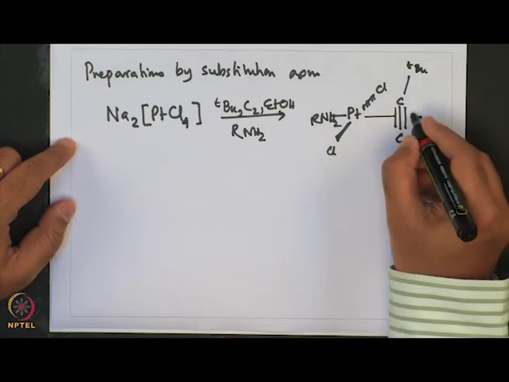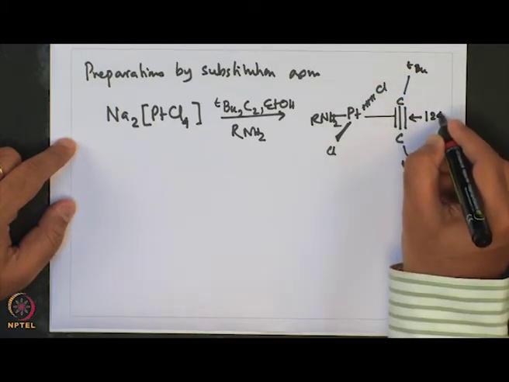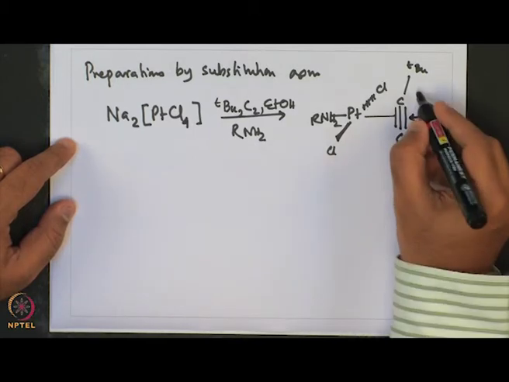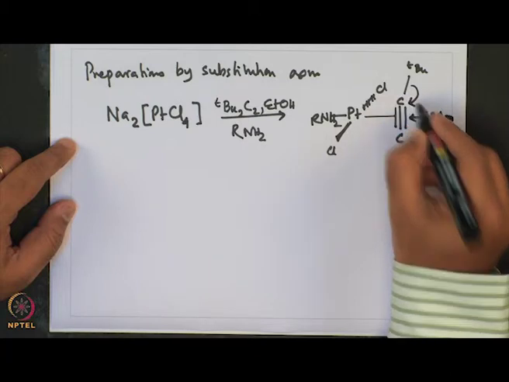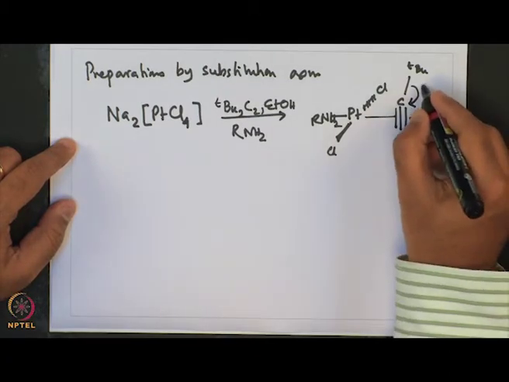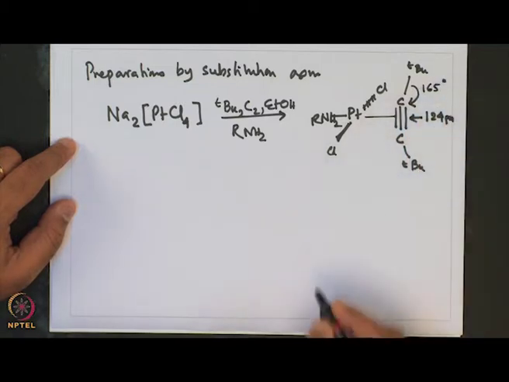Now, this bond is 124 picometer and this angle is deviated from linearity and it is 165 degrees.